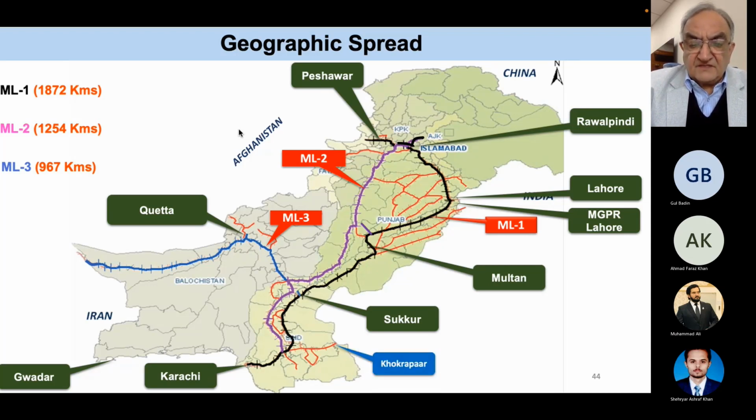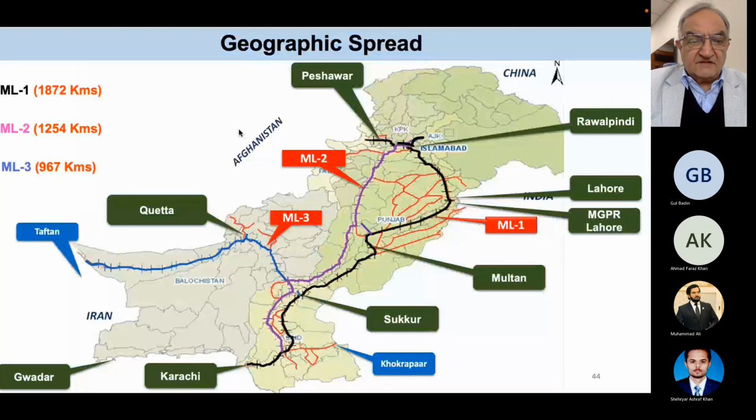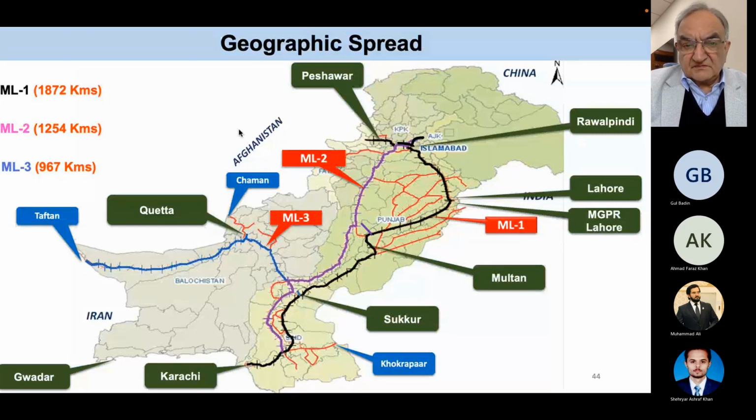Now I am just referring to how Pakistan is well connected in the neighborhood of nations. At Khokhrapar, Pakistan Railways is connected. We have a railway line going into Khokhrapar and on to India. We have connectivity with Iran at Taftan by ML-3, and we have connectivity with Chaman by ML-3 from Quetta, bordering Afghanistan, into Afghanistan.